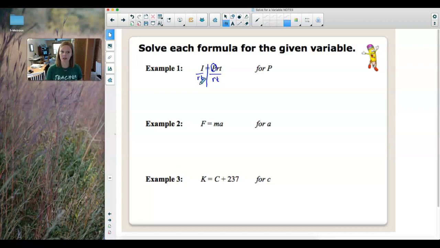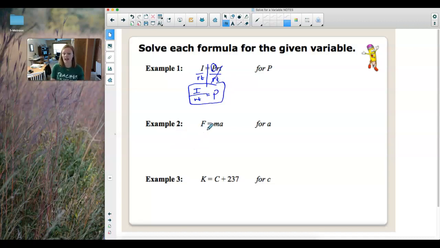We can't really divide because they're not numbers, but in theory, that's what we would do. So these would cancel. What I'm left with is P equals I divided by RT. And that's your answer. It may seem silly, but that's how you're going to leave your answer.